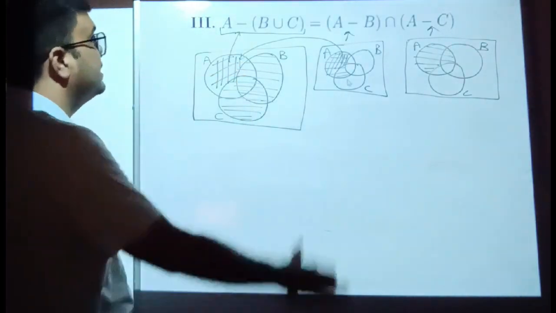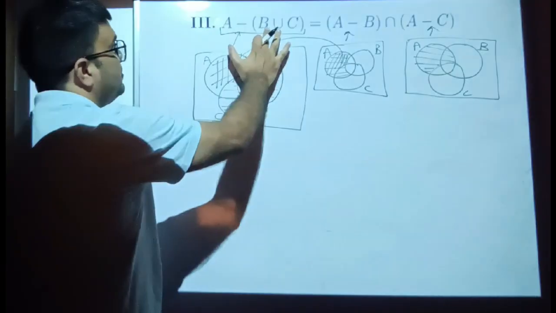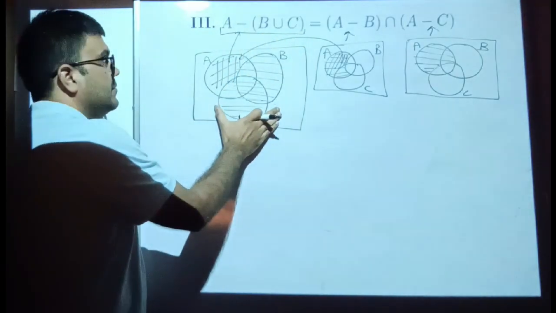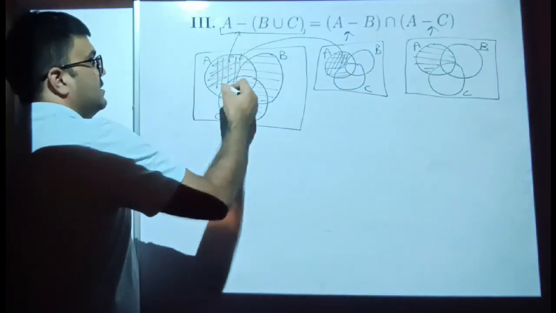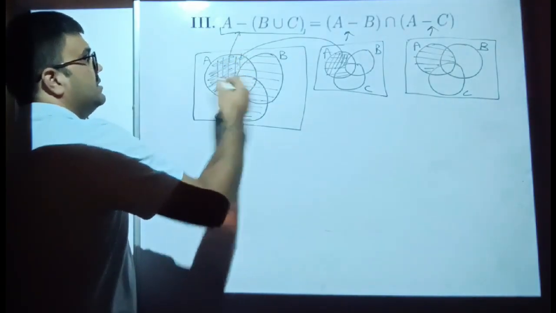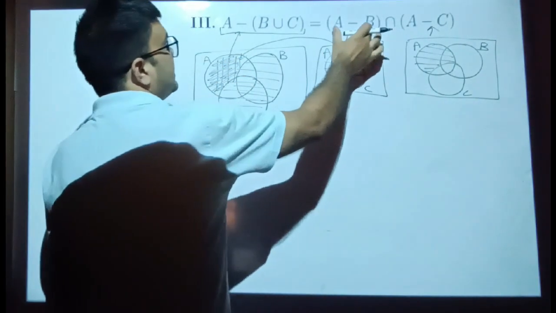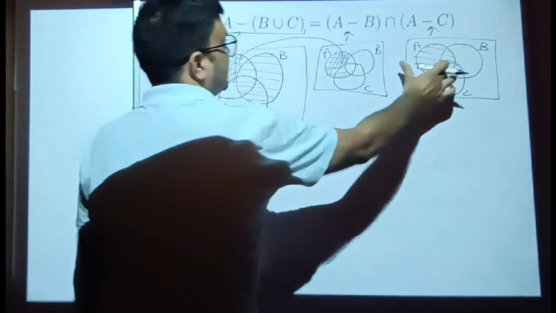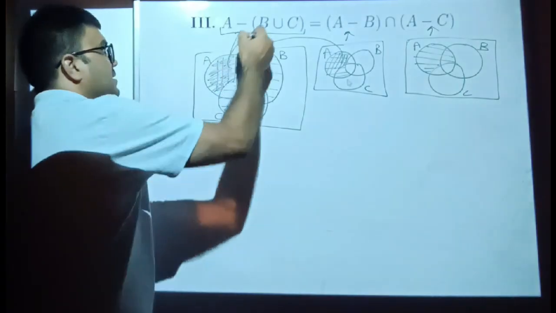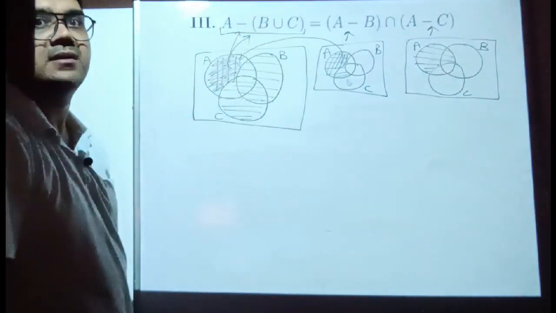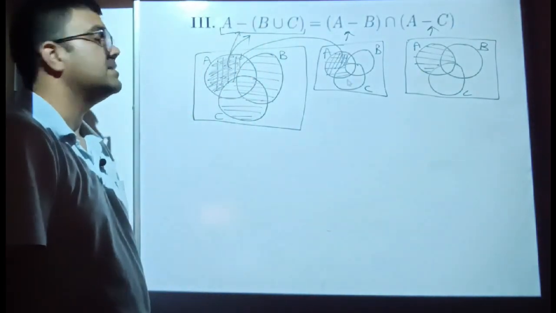So we can understand this result, A minus B union C. From A we have removed B union C, we are left with this portion only. Similarly, A minus B gives this portion, A minus C gives this portion. The common region between these two is A minus B union C.